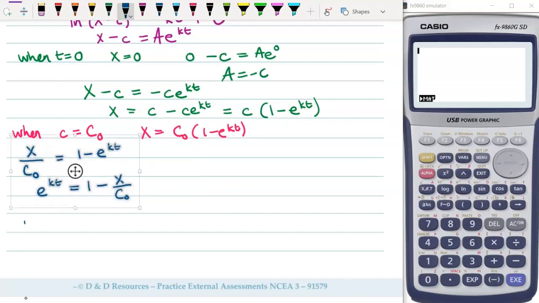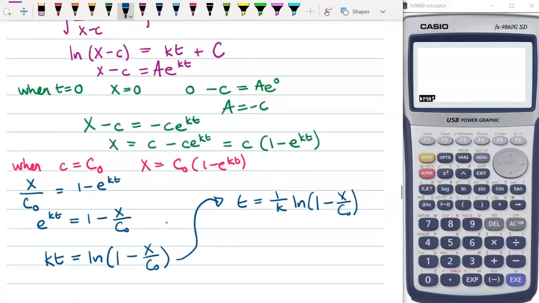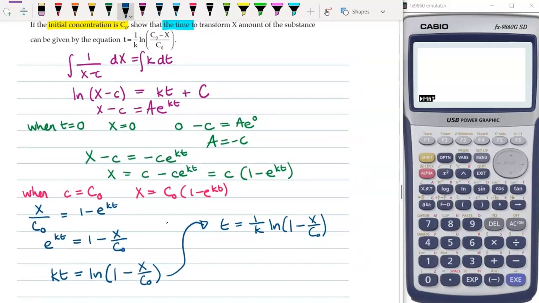Okay, so then we have natural log of both sides cancels out the e, so we've got kt is the natural log of 1 minus x over C0. So then t is 1 over k, natural log of 1 minus x over C0. Now let's take a look and see what we needed to make it look like.